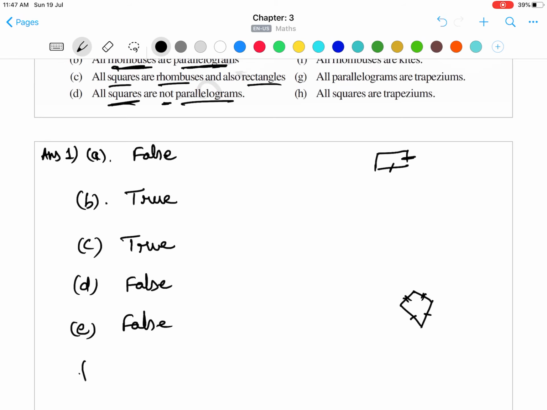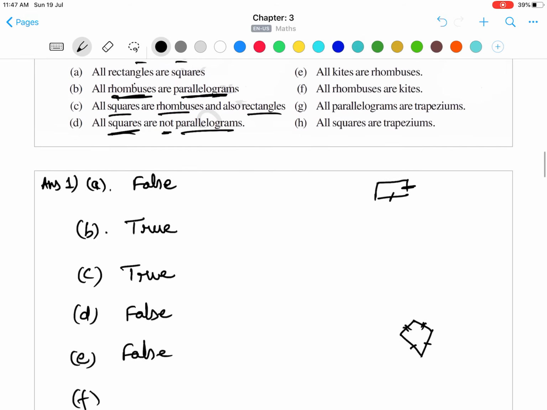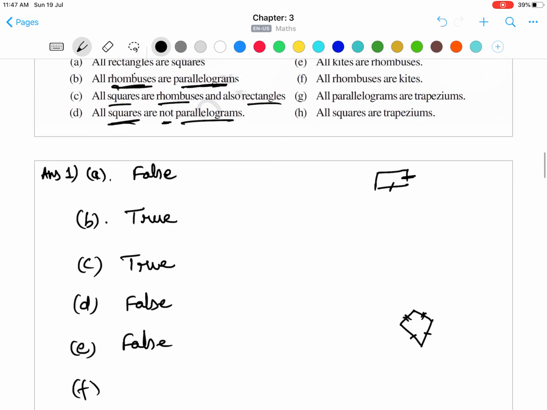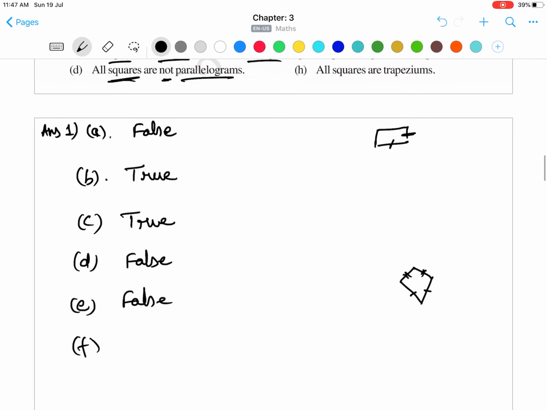Then we have part F, which says all rhombuses are kites. We have a rhombus like this. It satisfies all the properties of a kite, because adjacent sides are equal, as all four sides of a rhombus are equal. One pair of opposite angles is equal, and the diagonals bisect each other at 90 degrees. So this one is true.